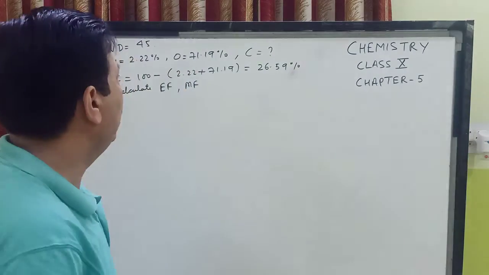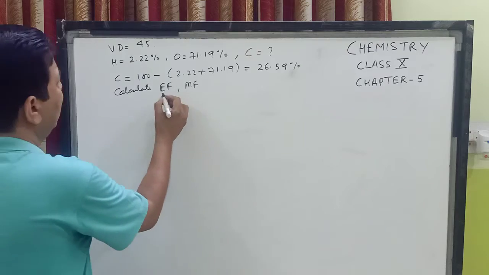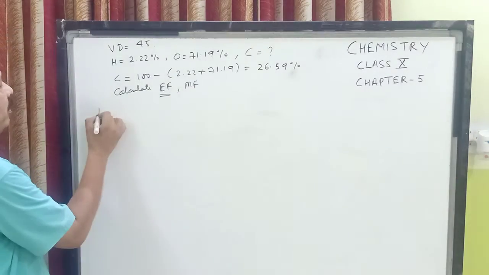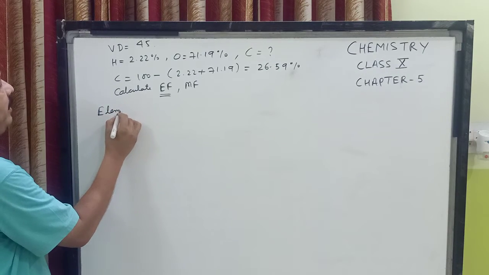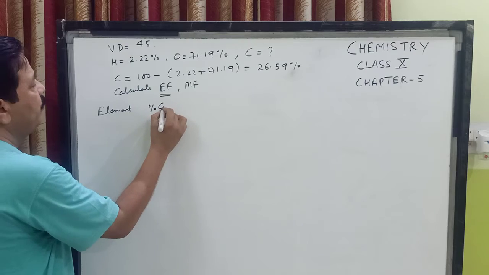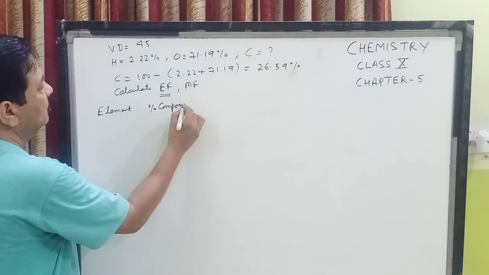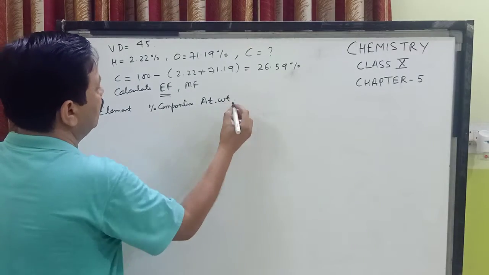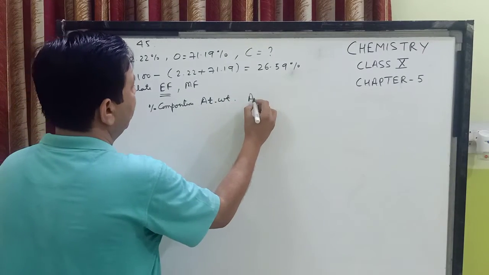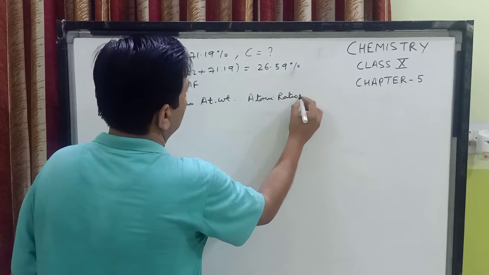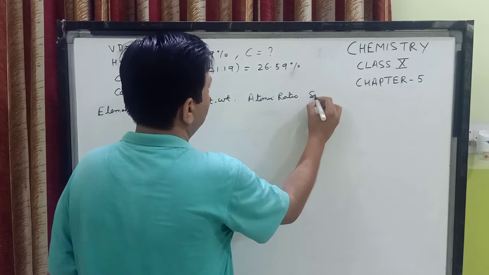So children, first of all we will calculate the empirical formula by the same method we did in the last program. What we do is write elements, then we write their percentage composition, then we write their atomic weight, then we write their atomic ratio, then we write their simplest ratio.